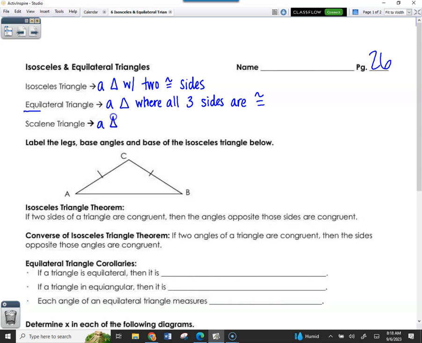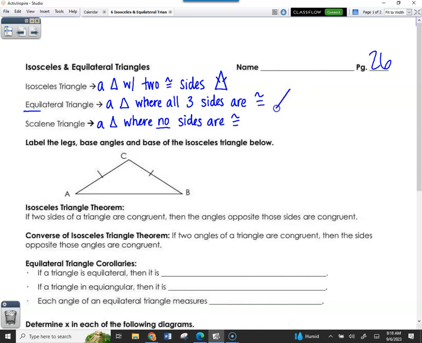It's a triangle where no sides are congruent. Now, sketching an isosceles triangle where two sides are congruent, I tend to turn it upright so it looks like the roof of a house or like a tent, and then I mark the two sides that are congruent.